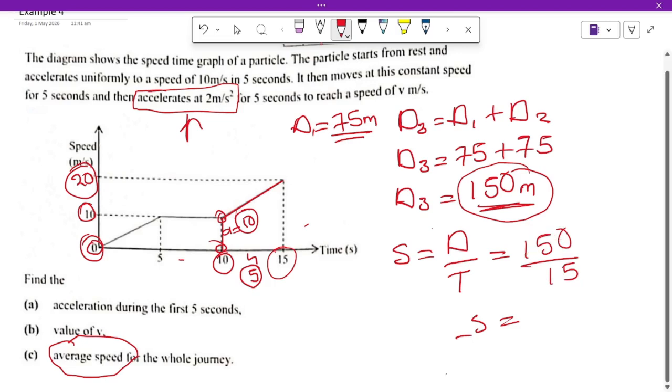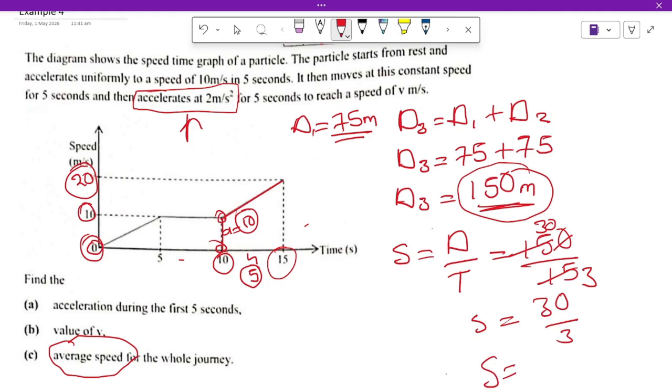Okay, 5 there, it's 3. We add a 0, meaning we've remained with 30. So speed is equal to 150 over 15. Yes, 15 goes into 150, because it can also go into 75. So our speed will be equal to 10 meters per second.